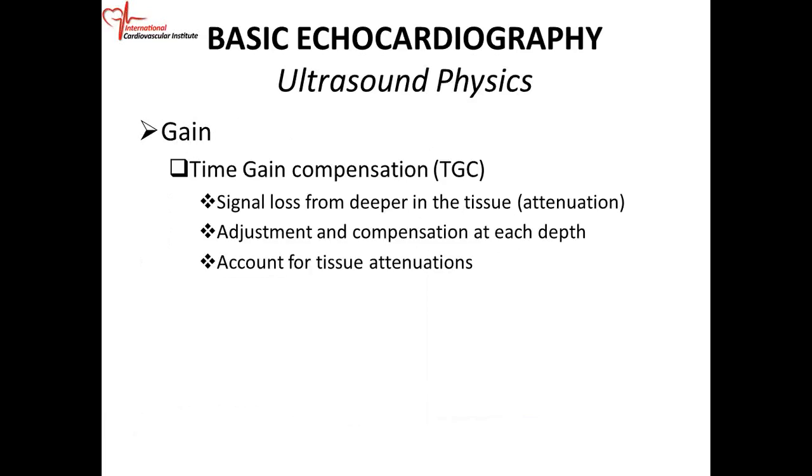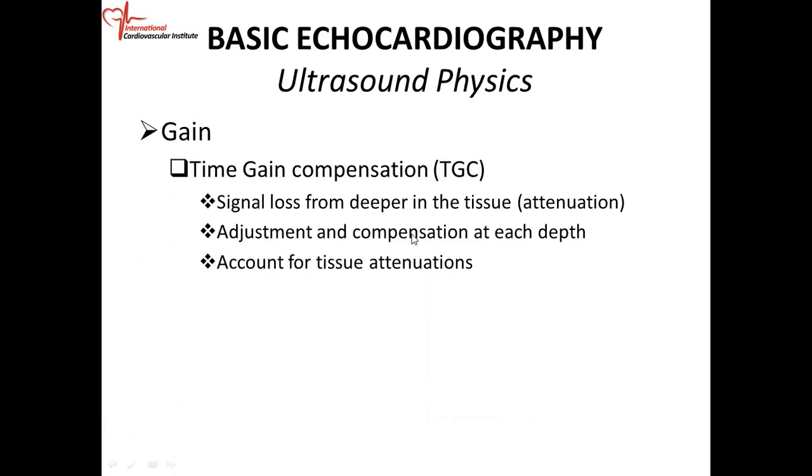So you image the heart, and you're looking from the apex down to the base of the heart, to the atrium. Structures in the atrium, because it's deeper into the tissue, may have signal loss because of attenuation. So you can adjust your TGC just in that area to compensate for the loss due to attenuation.